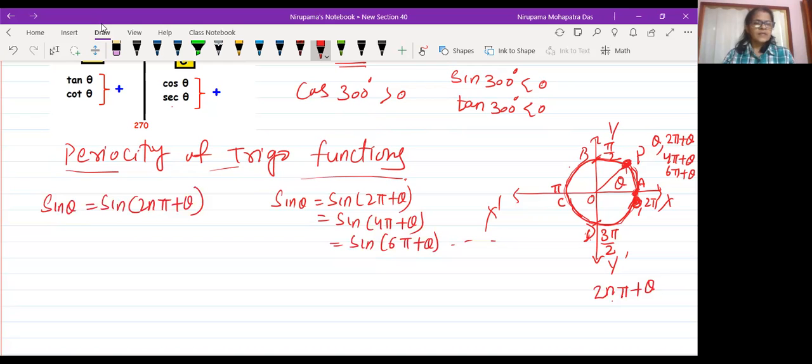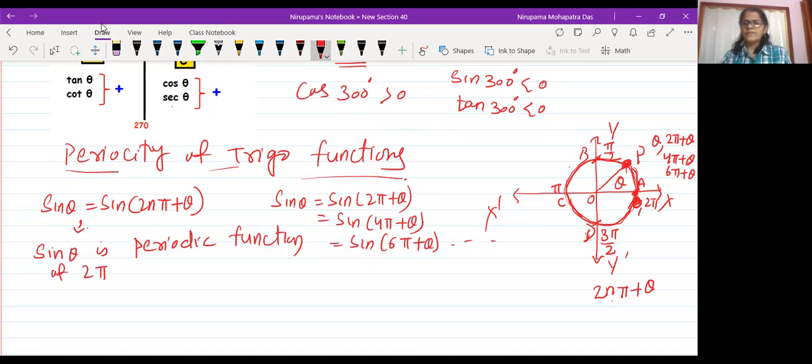So we can say sine theta is a periodic function of period 2 pi. After every 2 pi interval, the sine function is repeated. If you imagine the graph of the sine function, you can also observe that.